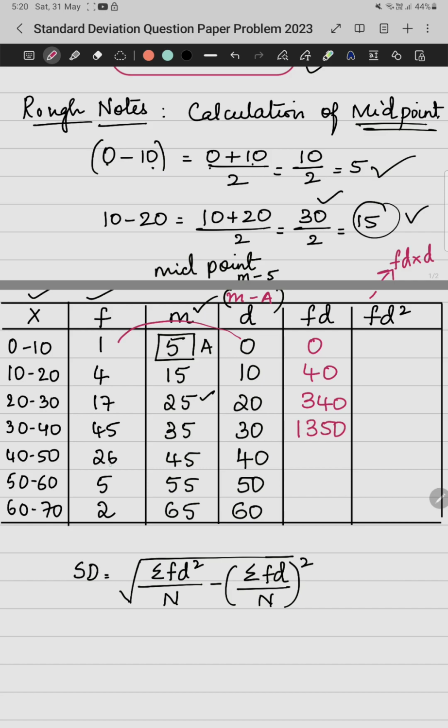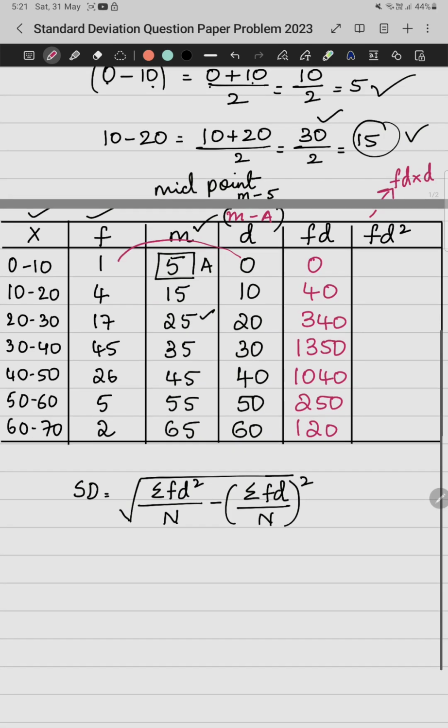Next, 26 into 40 is 1040. Next, 5 into 50, 250. 2 into 60, 120. So this is FD, that is F into D is FD.